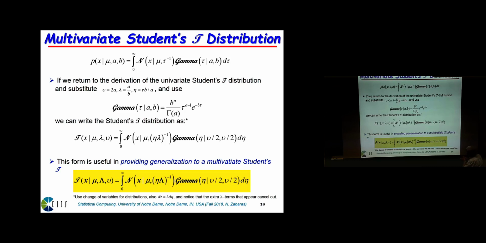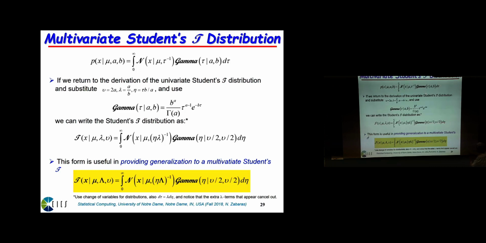So if I define some new variable eta, that is tau times beta over A, if I define another variable lambda to be A over B, if I define nu to be 2 times alpha or A, you have to believe me that this equation is transformed to that.